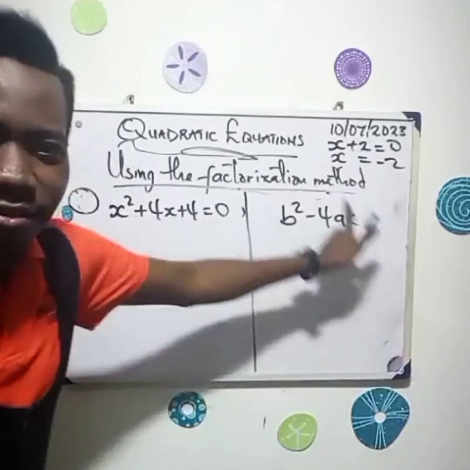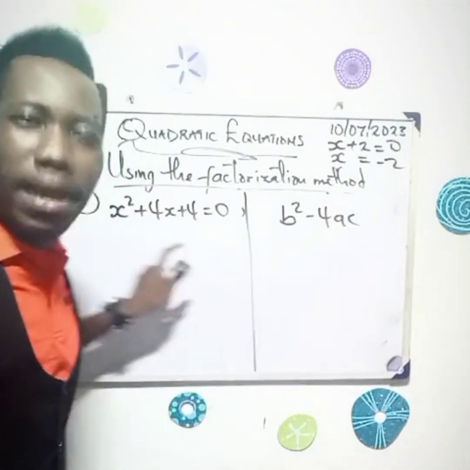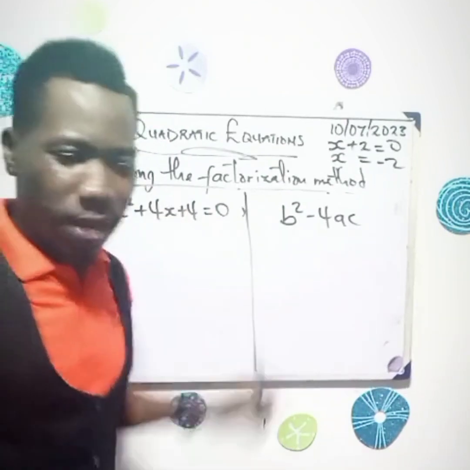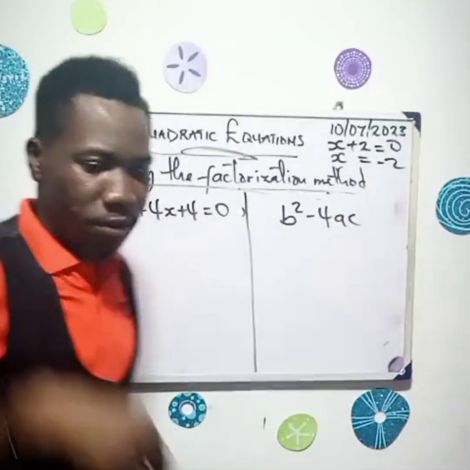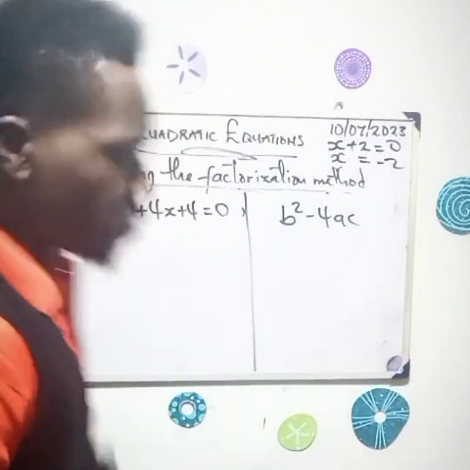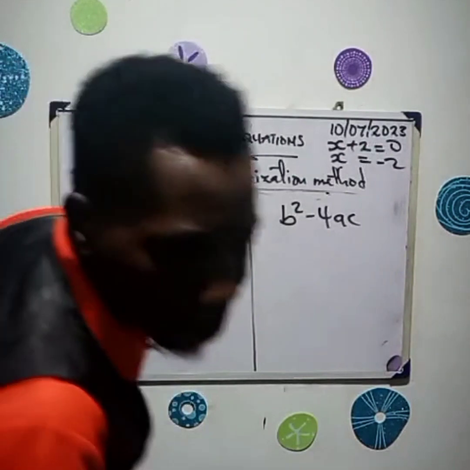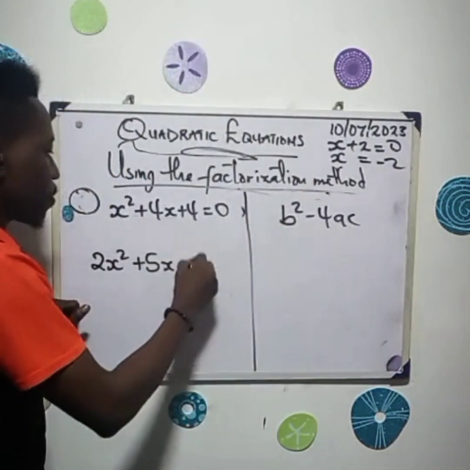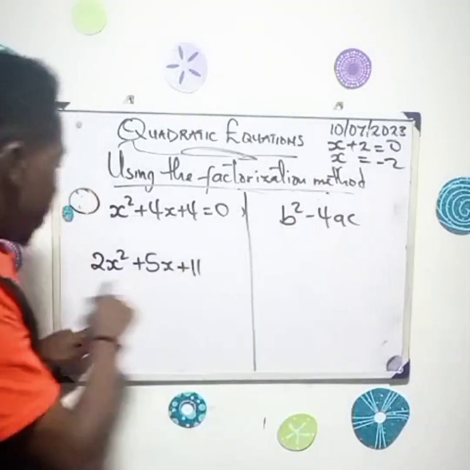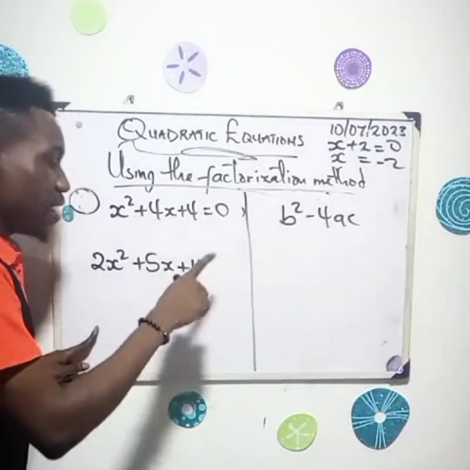So if you apply this and the answer you get is a perfect square, then that quadratic equation can be solved using factorization. Let's apply it on the other one: 2x squared plus 5x plus 11. Remember, a is the coefficient of x squared, b is the coefficient of x, and c is the constant.